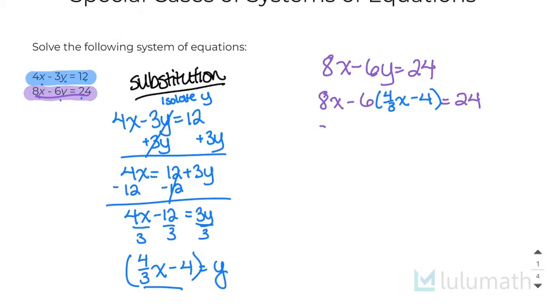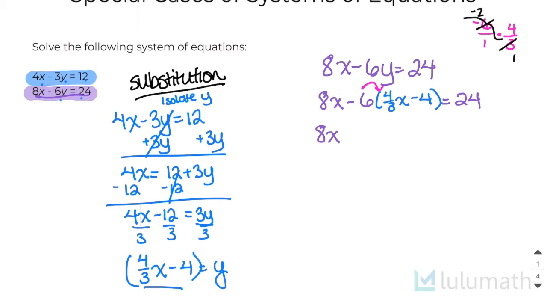So copy down the 8x, okay, and then I have to distribute this negative 6 to this 4/3 x. Well, let's figure this out. Negative 6, there's an invisible 1, times 4 over 3. This works out to be rather convenient for us because 3 and 6 are both divisible by 3. So 3 divided by 3 is 1, and negative 6 divided by 3 is negative 2.